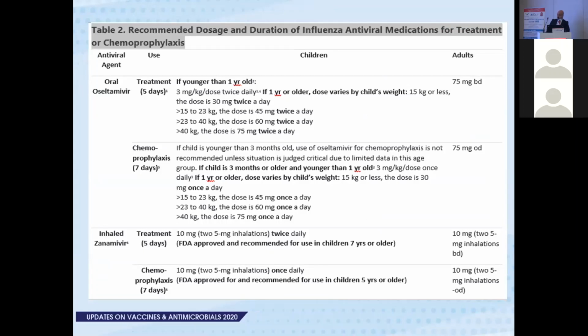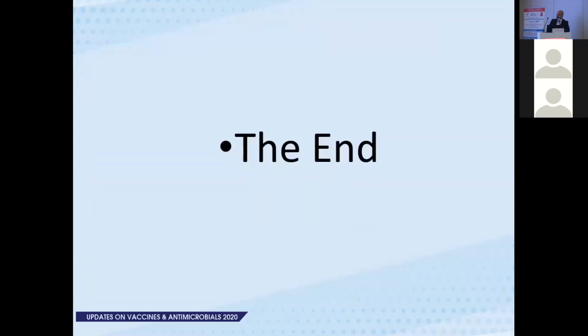If you are interested in having more details, this table will help you in knowing the dose and the duration of each anti-influenza. And I believe this is the last slide. So that was a quick review of the anti-influenza therapeutics that we currently have and can use during the next coming season.